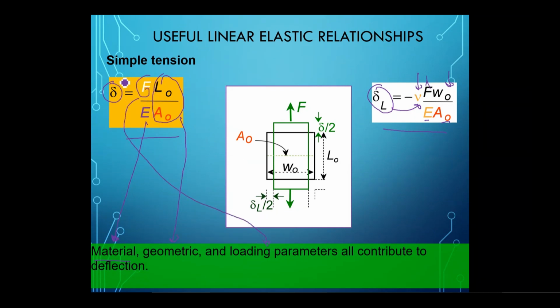They all contribute towards the deflection in the material. And the higher the Young's modulus, the lesser would be the deflection in the material. So larger elastic moduli would minimize the elastic deformation in materials.